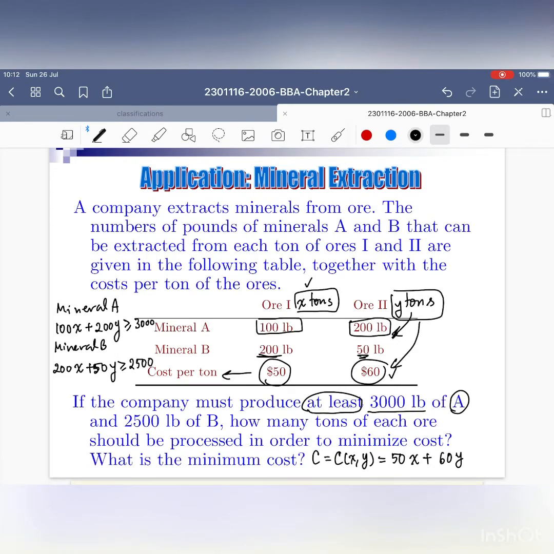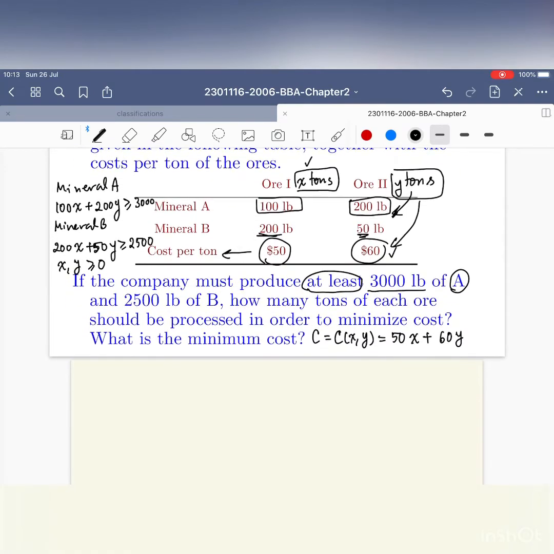And of course, because x and y are the number of tons that you are going to use, x and y must be non-negative. So let me just clarify here that the objective C depends on the number of tons of the first ore and the second ore, obtained by 50x plus 60y, and you need to find the minimum of this.